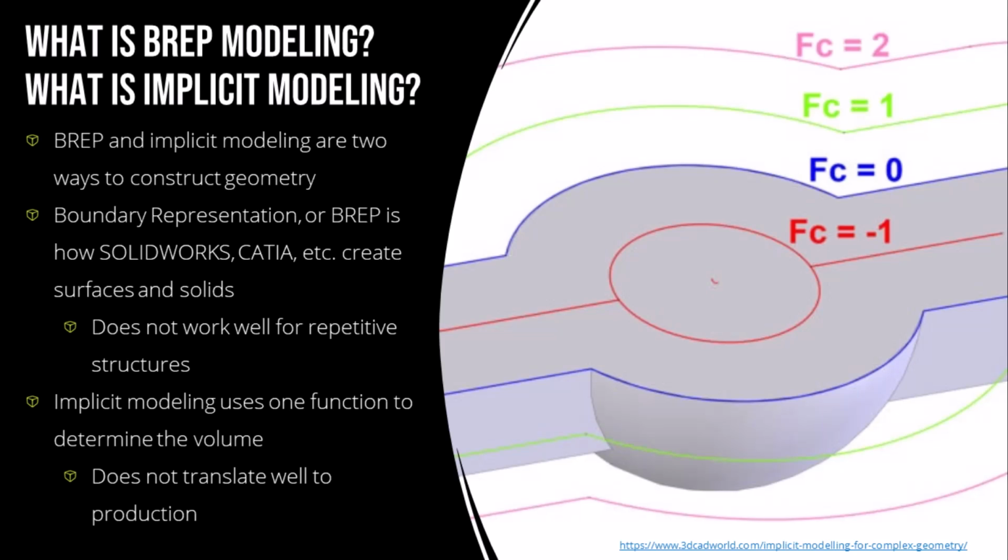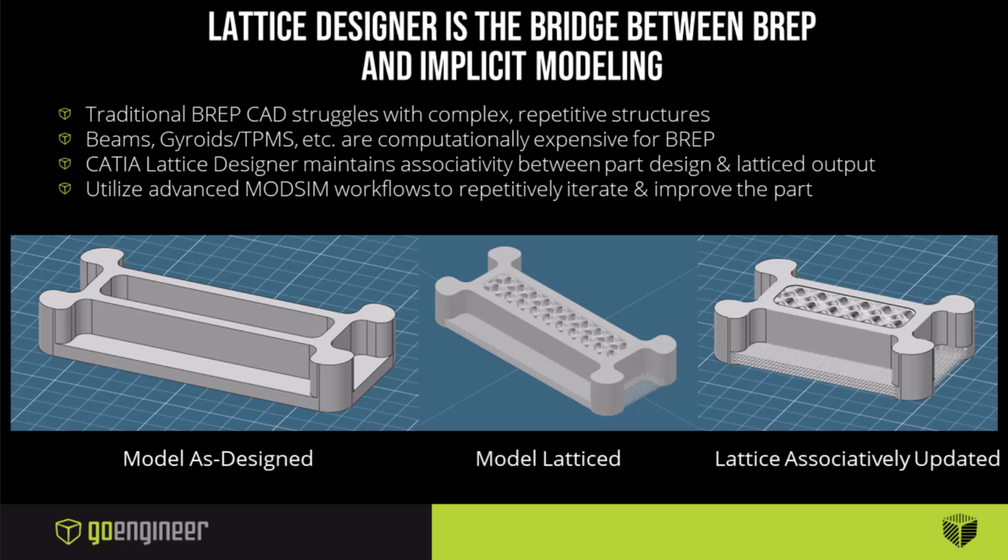We're now in a position where we have extremely well-established modeling practices in a BREP environment like CATIA or SOLIDWORKS, but our manufacturing technologies can leverage large gains in part lightweighting and material savings. If we could create implicit primitives of these lattice structures and jump between BREP and implicit modeling environments, we could create great things. And wouldn't you know it, CATIA Lattice Designer does just that.